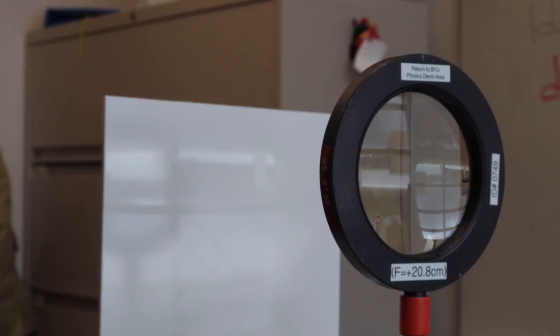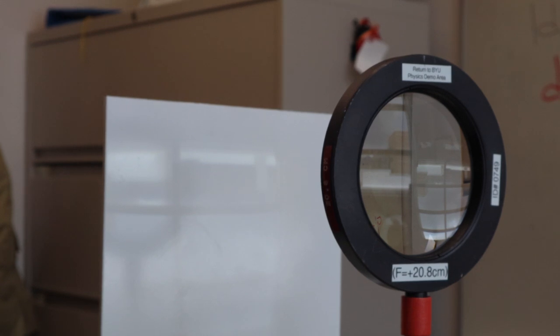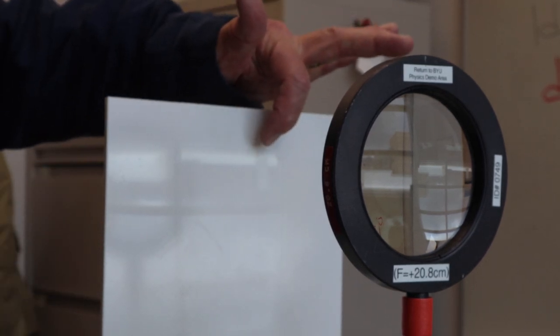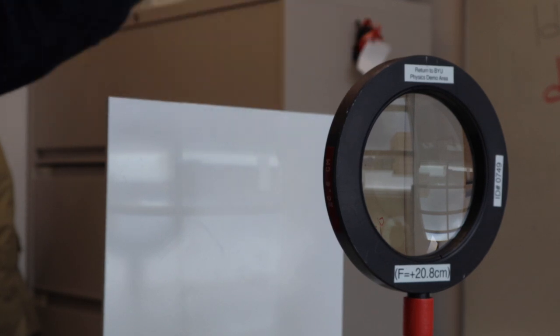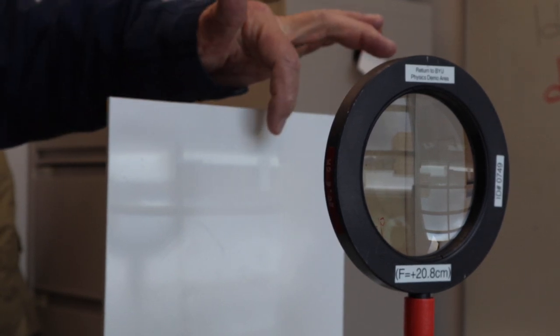Remember that a real image can be projected onto a screen, and so here we have this screen at the focal point, and you can see there a nice sharp image of the stack that we were looking at with our method of parallax before.